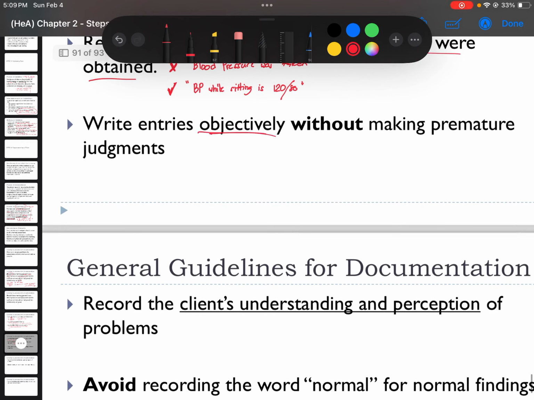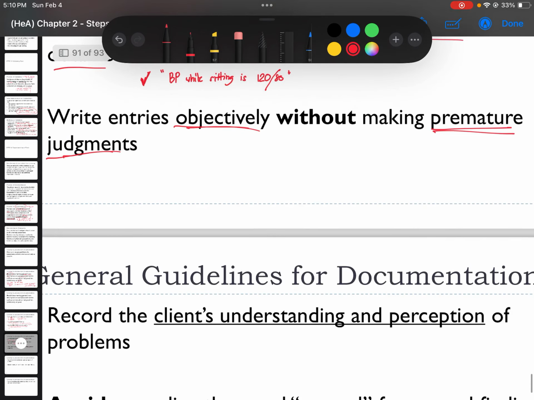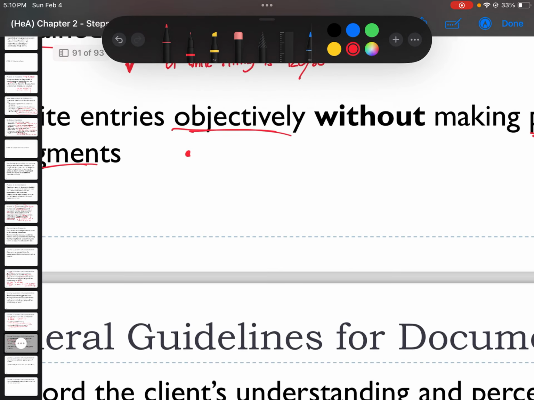Next is write entries objectively without making premature judgments. Do not assume prematurely. Do not judge prematurely. An example of that is something like this.